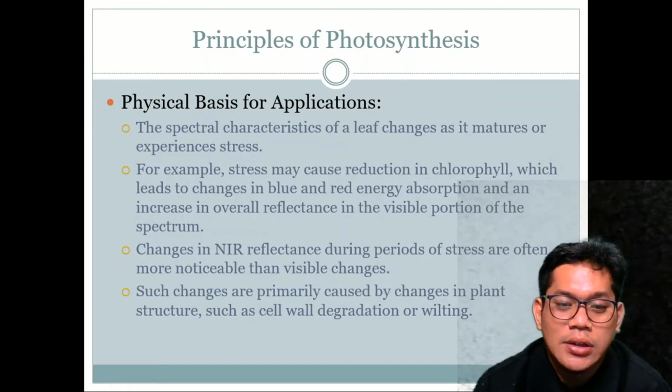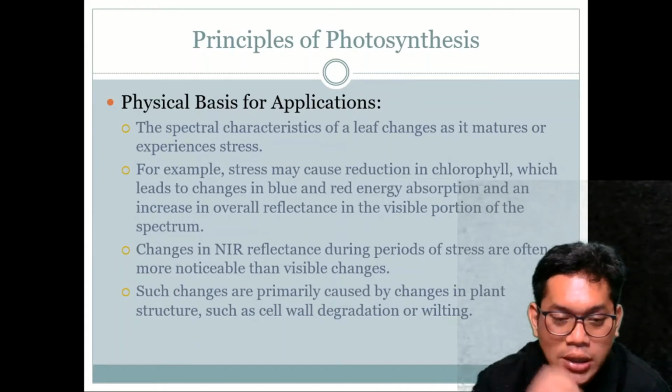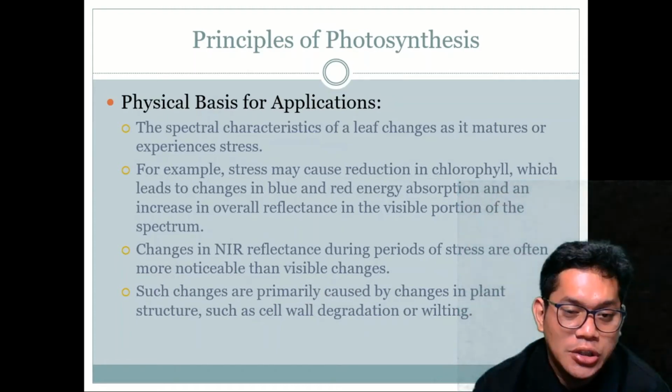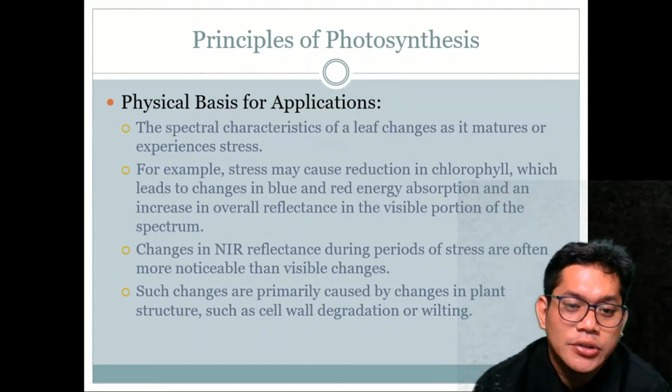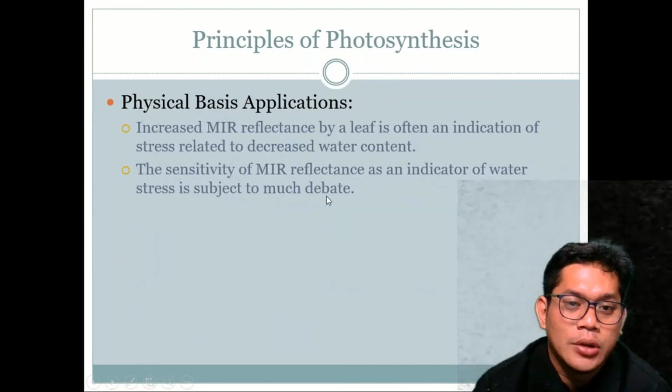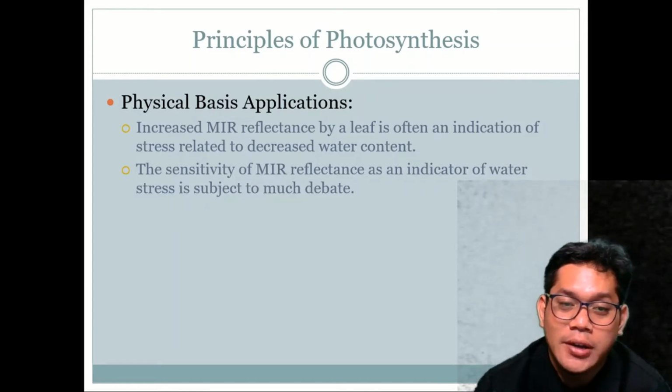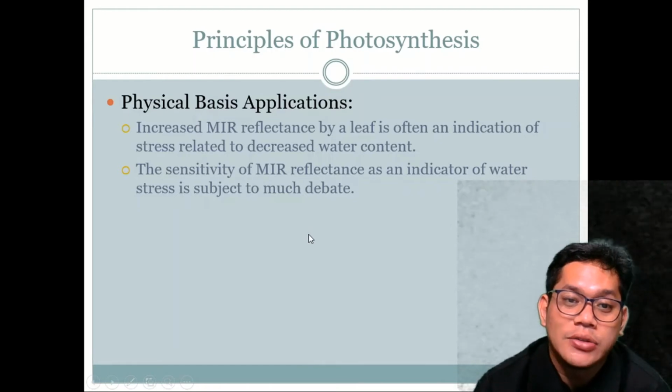And changes in the infrared reflectance during the period of stress can also be identified, such as the degradation of the cell structure or wilting of the leaf. And the increased medium infrared reflectance shows decreased water content. Therefore, it shows how the leaf becomes more dry, and it will be reflected in the higher reflectance of the medium infrared.